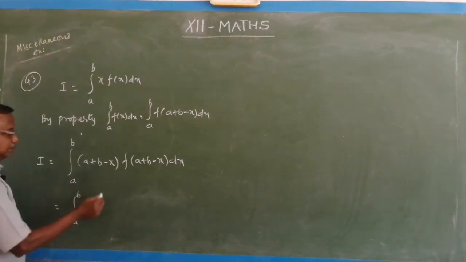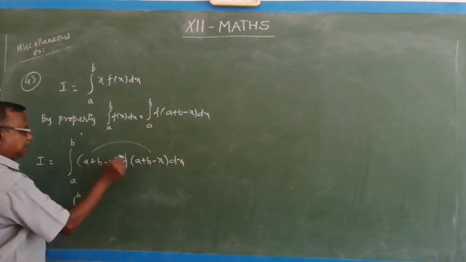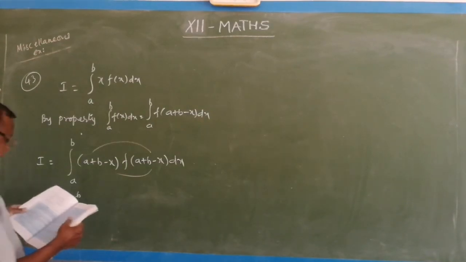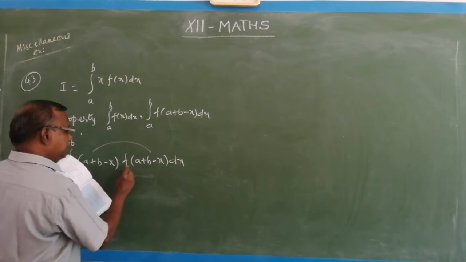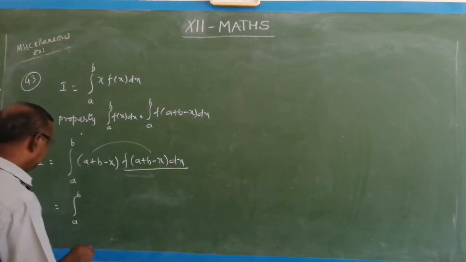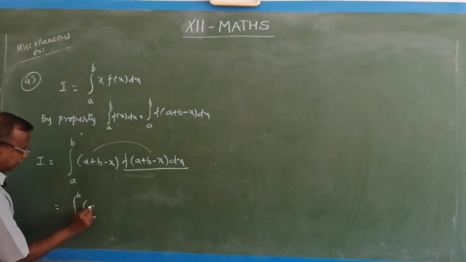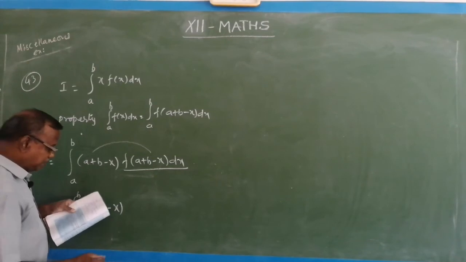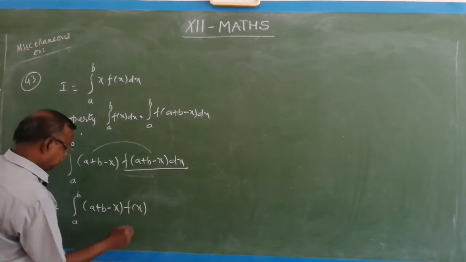Now multiply these two. We are given f of a plus b minus x equals f of x. So this can be written as a plus b minus x into, this part is nothing but f of x.